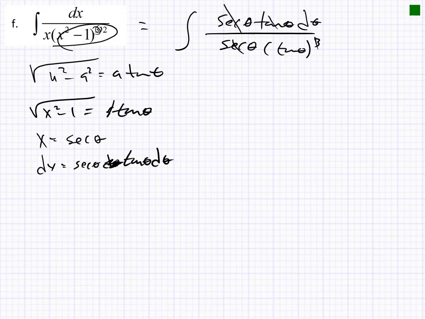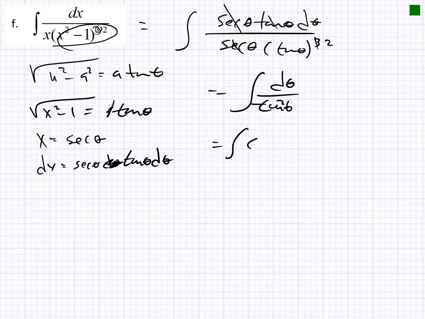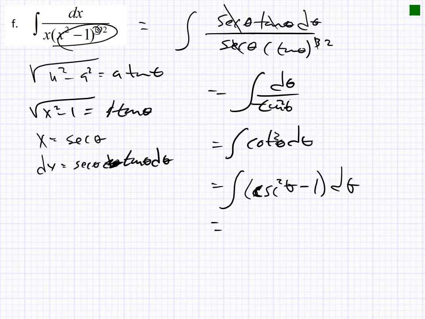So we cancel out, and we end up with d theta over tan squared, which is the same thing as cotan squared, which is the same thing as, what's that going to be? That's going to be cosecant squared theta minus 1 d theta. And so the integral of cosecant squared is minus cotan, and the integral of 1 is theta.